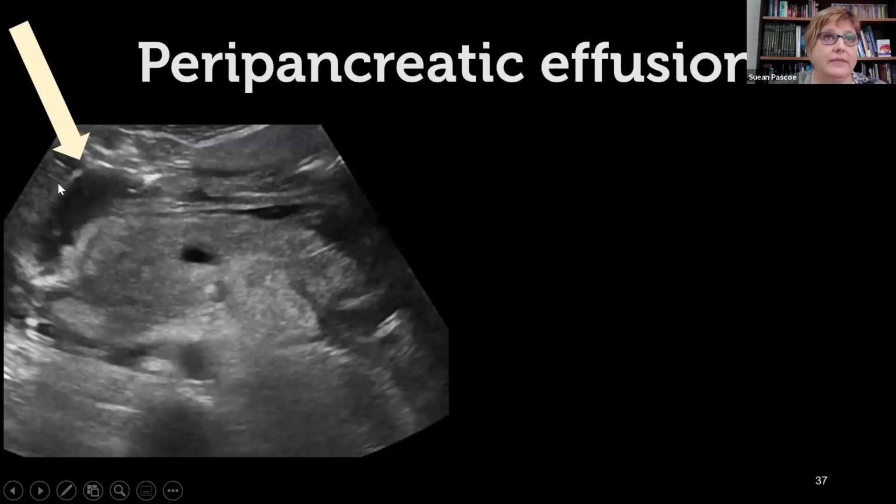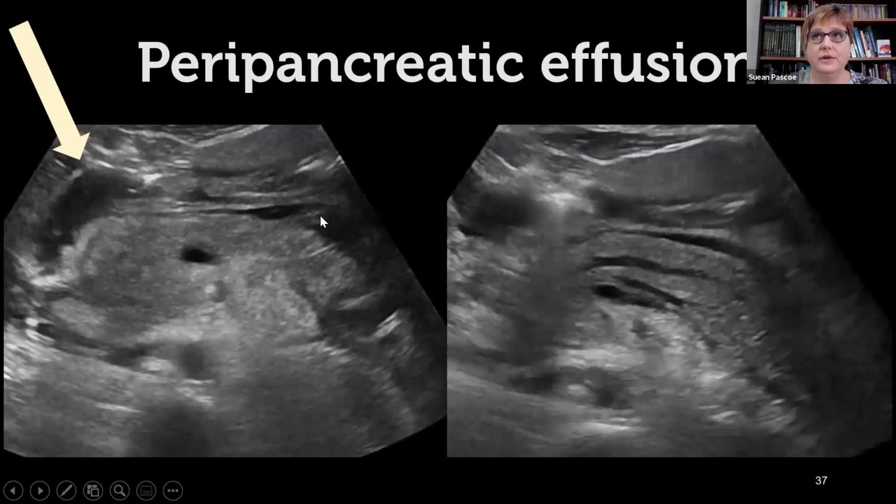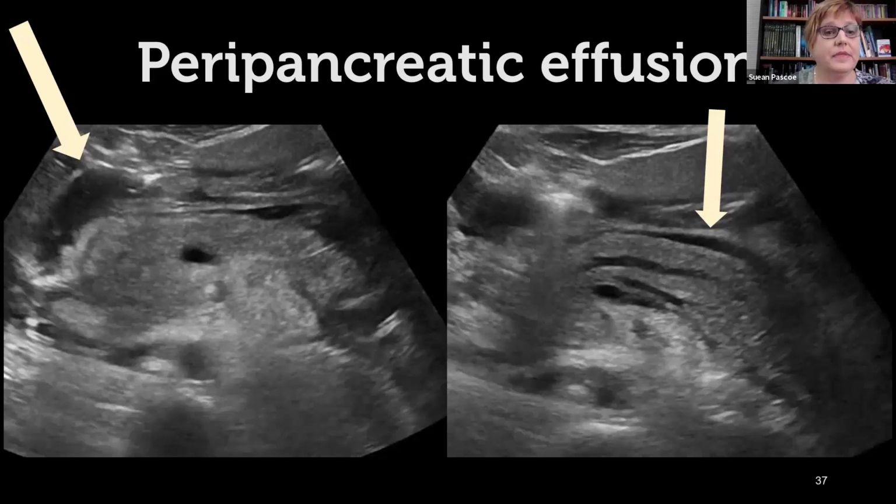And so up here is our peripancreatic effusion. And we also have a little bit of fluid, which I hope is a bit better delineated in this version where we're concentrating on looking at the tail a little more. You can see this dilated duct in here, and then the peripancreatic effusion continues and helps us to visualize the pancreatic tail in this instance.